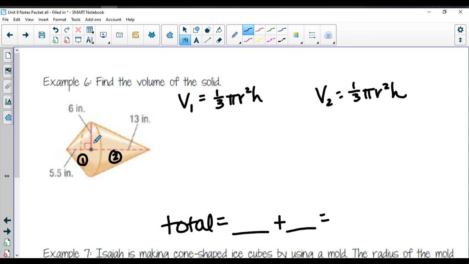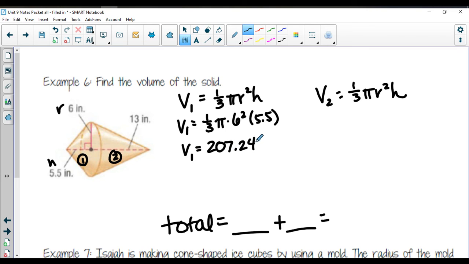So for cone number 1 over here, my radius is 6 and my height is 5.5. So volume of 1 is 1/3 times pi times 6 squared times 5.5. So we're going to do 1/3 times 3.14 times 6 squared times 5.5. That's going to give us 207.24.